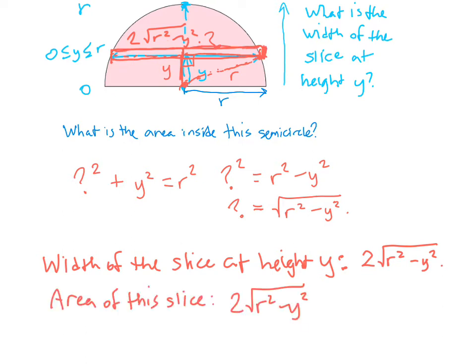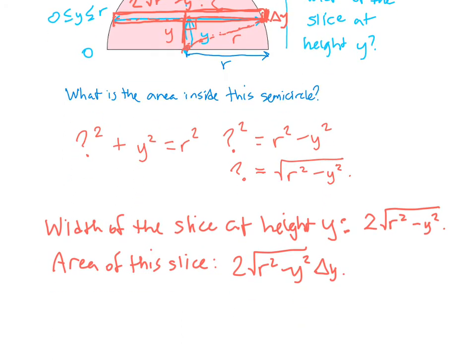And that height is what I'm going to call delta y, because we're letting y change as we slice up through this figure, as we stack these horizontal slices on top of each other. I'm letting y change by tiny increments that I'm calling delta y. So the area of that slice is going to be 2 root r squared minus y squared times delta y.